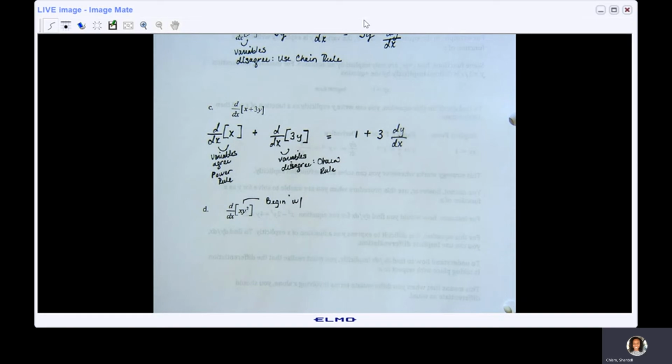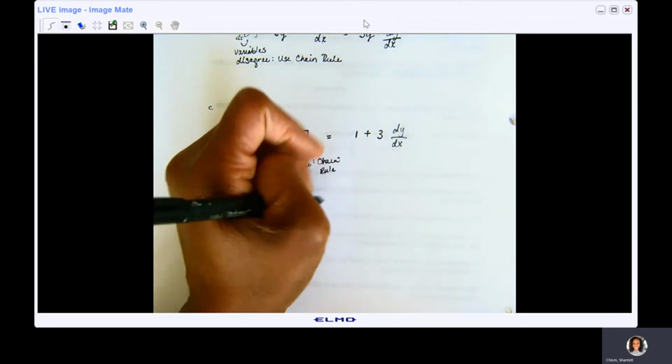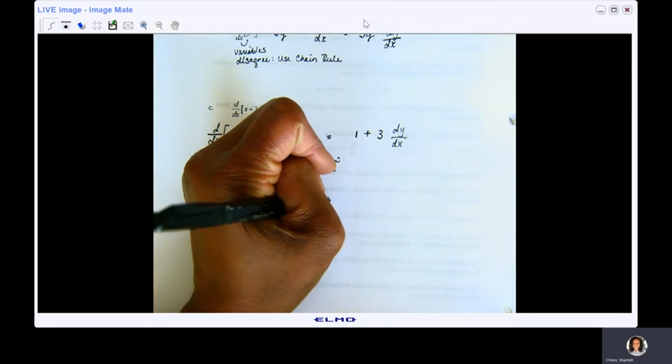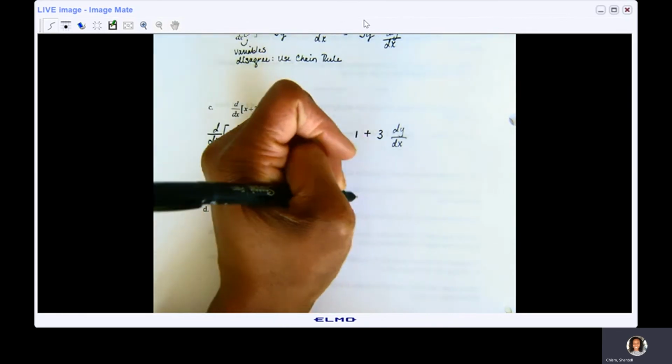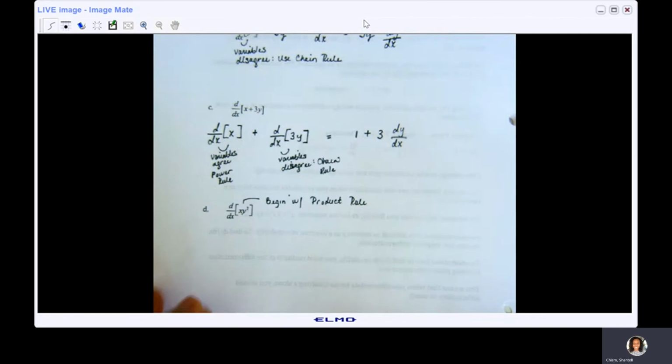Just like we had to use the quotient rule in 3.4, we may have to use the product rule. So just keep that in mind. As we progress and learn more and more rules, you still got to keep in mind the old ones, okay? So because you got a product, you're going to begin with the product rule. And then you may have to apply the chain rule within it, okay?